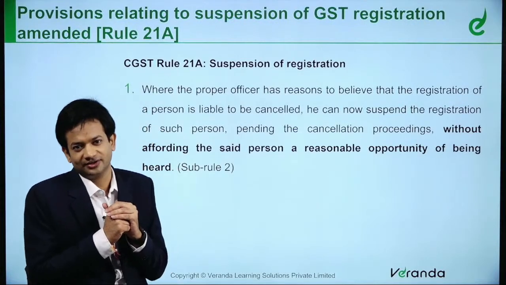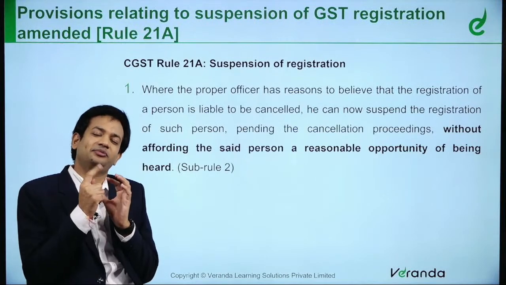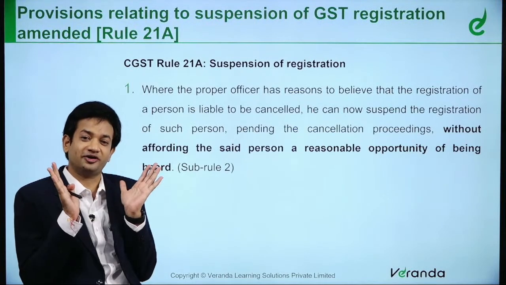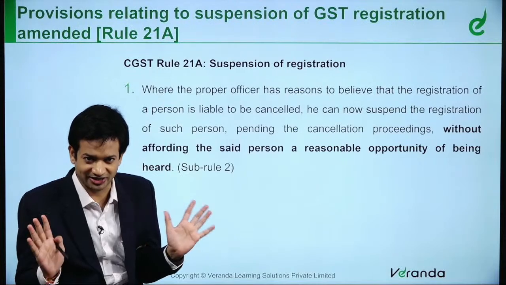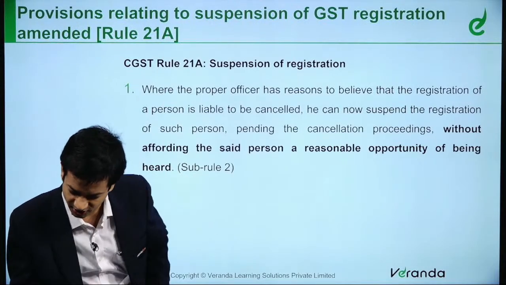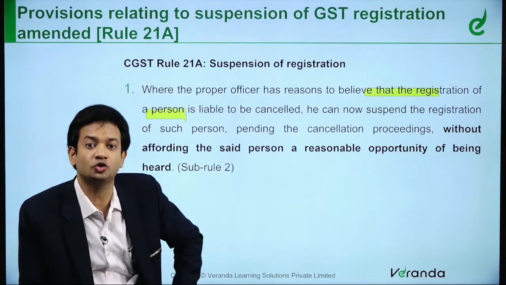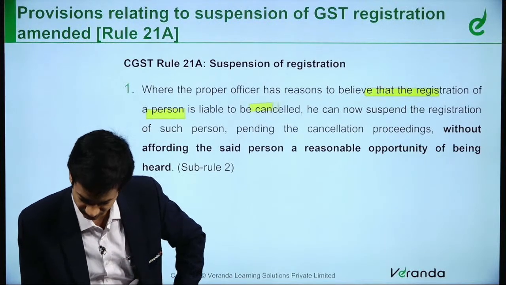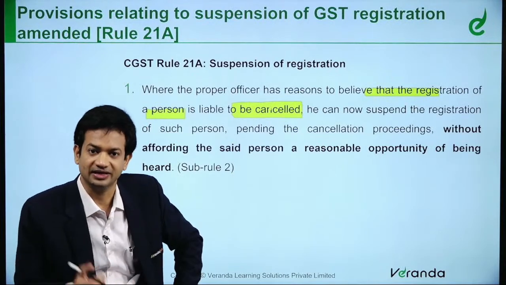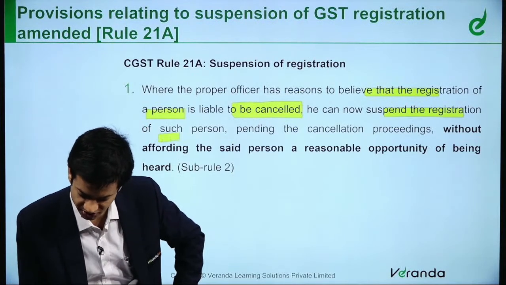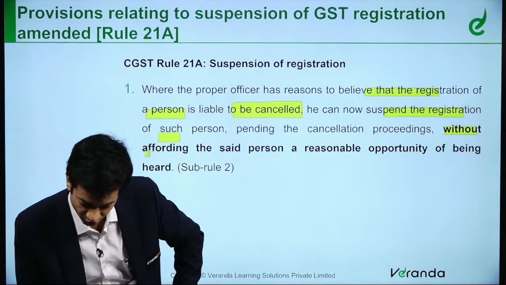But now it's not so. I'm sleeping in the midnight, I can get a mail that says your registration is suspended without giving an opportunity of being heard. That's the only amendment in this sub rule. So here it says, the proper officer has reasons to believe that the registration of the person is liable to be cancelled. He can now suspend the registration of such person without affording the said person a reasonable opportunity of being heard.